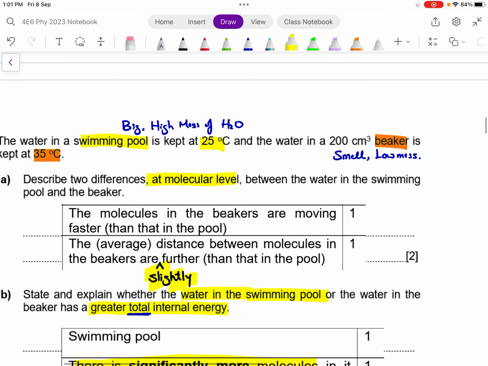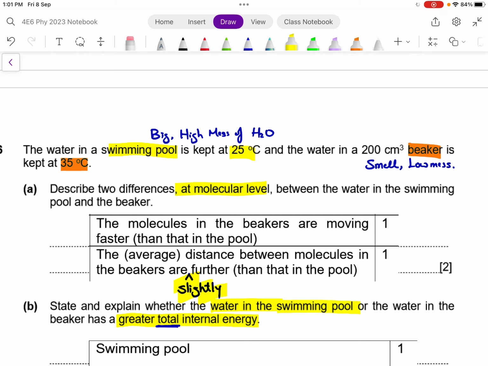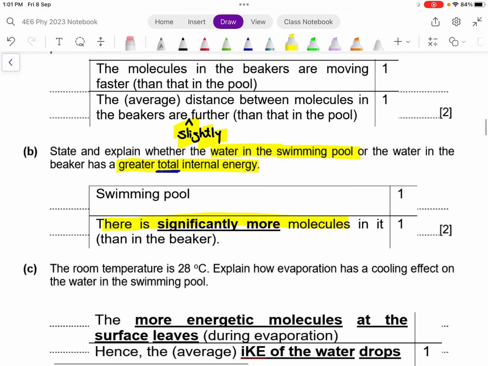So even though there is a temperature difference, if we only look at the IKE, the beaker will win, right? The beaker will definitely have a higher IKE. But if we look at the total internal energy, which consists of your IKE and your IPE, yes, I would say that the beaker here would have way more IKE than the swimming pool.